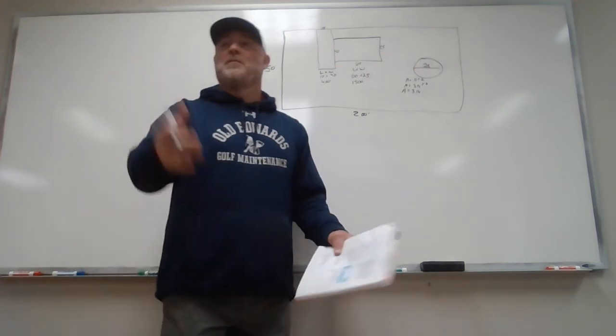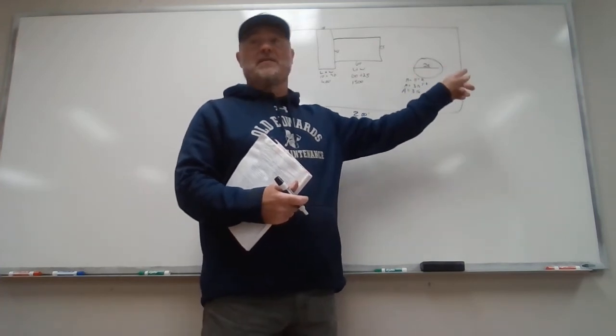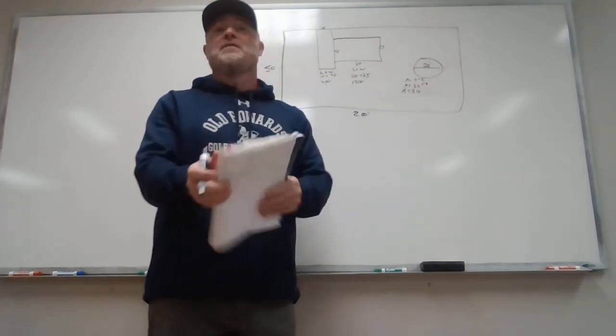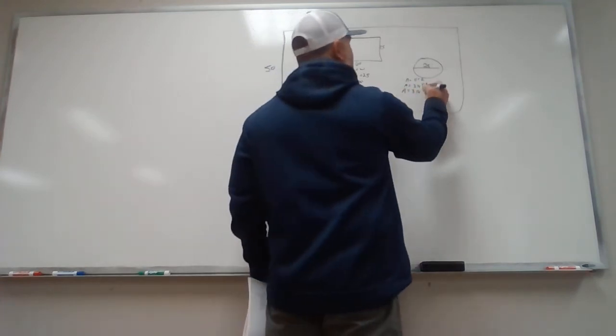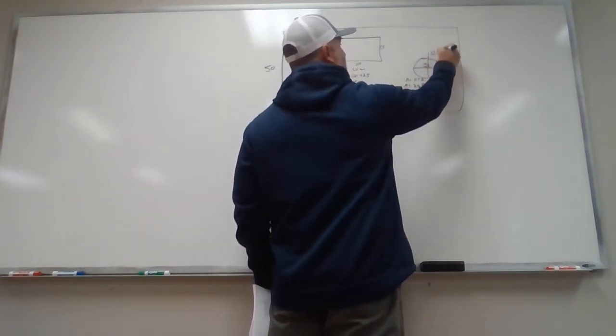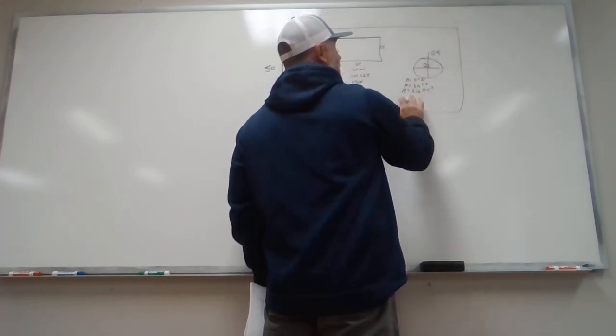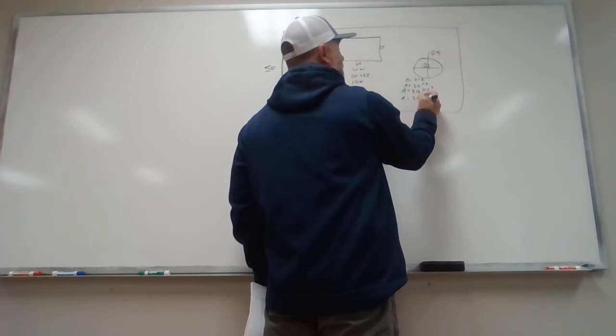Remember what we talked about: circumference and radius. So 12.5. Radius is half. 12.5 squared. A equals 3.14.